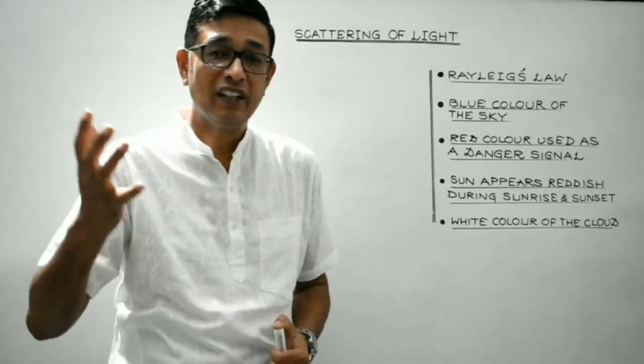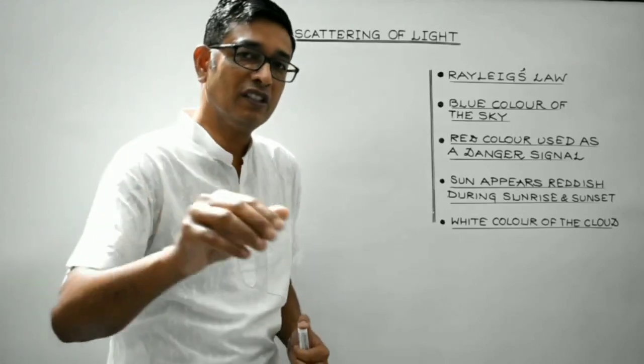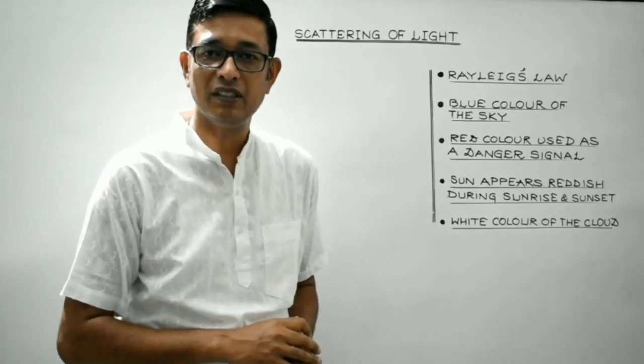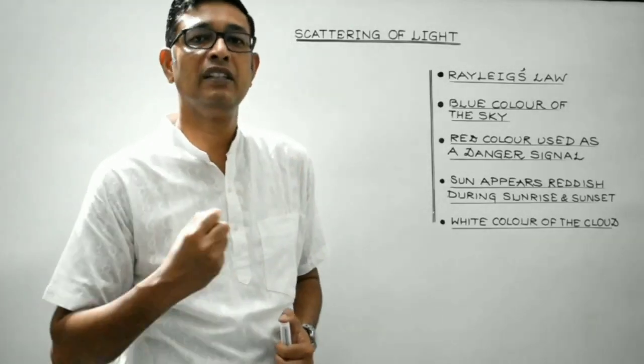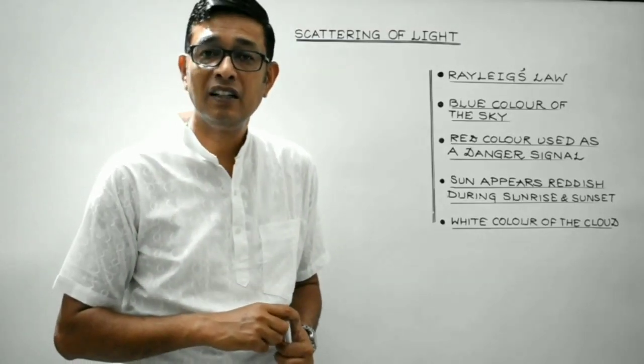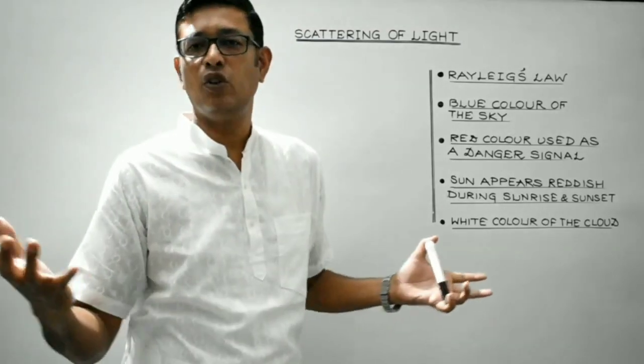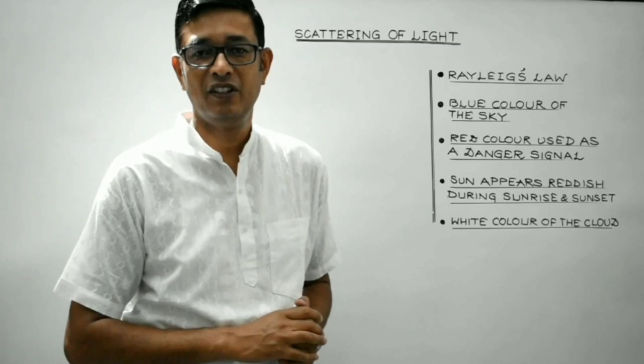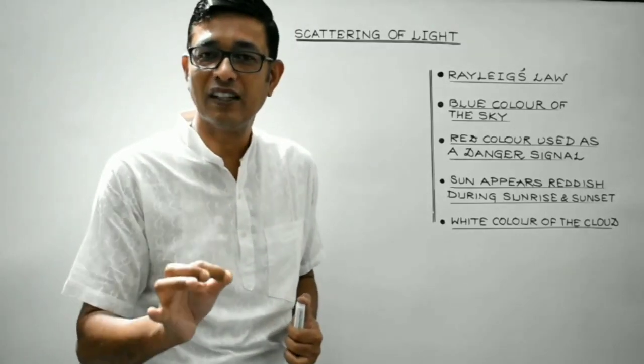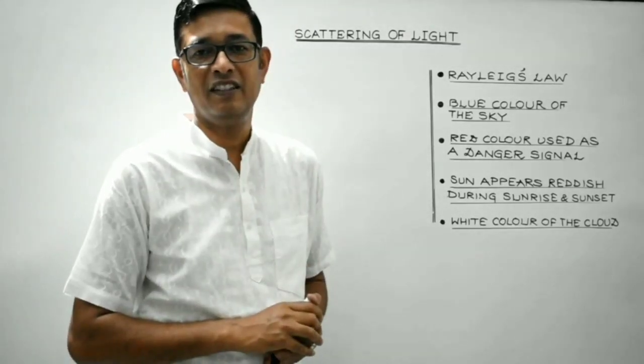When light passes through the Earth's atmosphere, it gets absorbed by the atoms, and then the light gets re-emitted in all the directions. This phenomenon is known as the scattering of light.